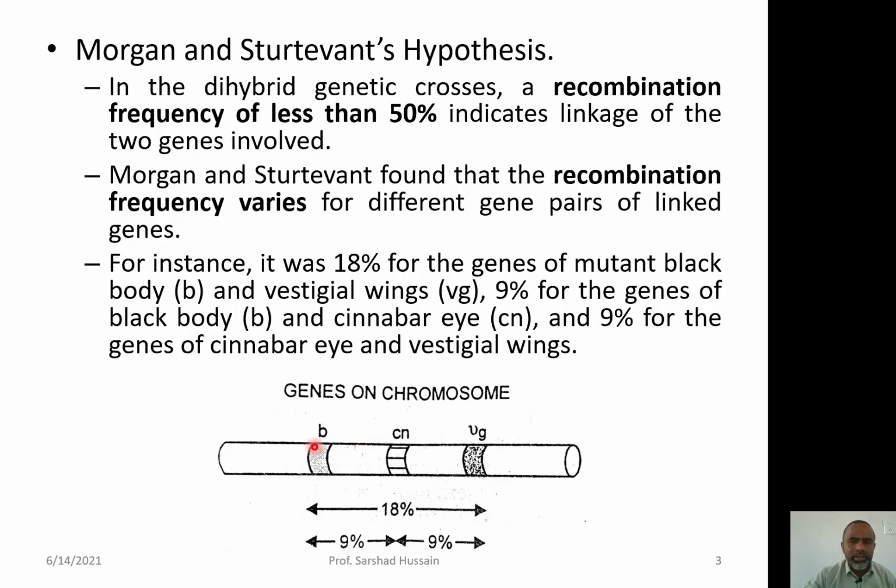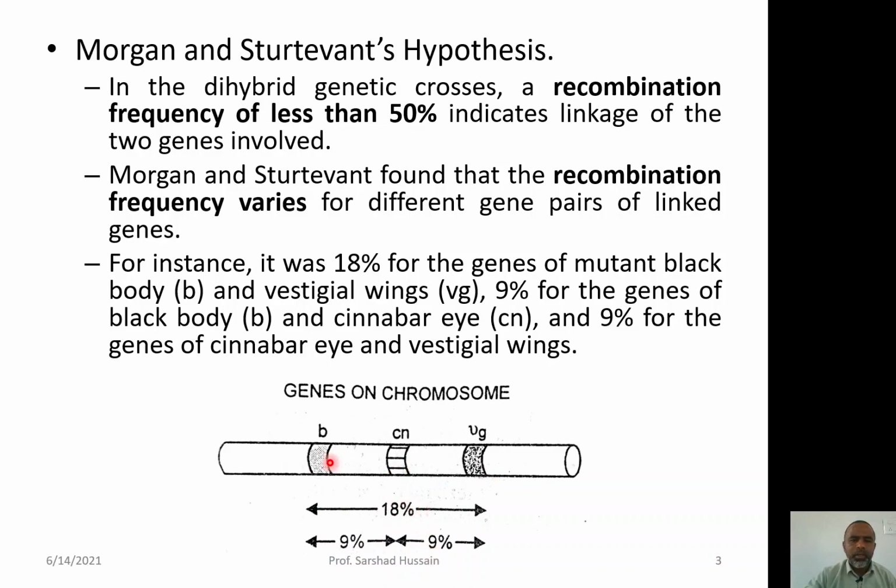Some have more frequency of recombination, others have less. For instance, 18% recombination frequency is between B and Vg, whereas B and Cn has 9%, and Cn and Vg also has 9% recombination frequency.